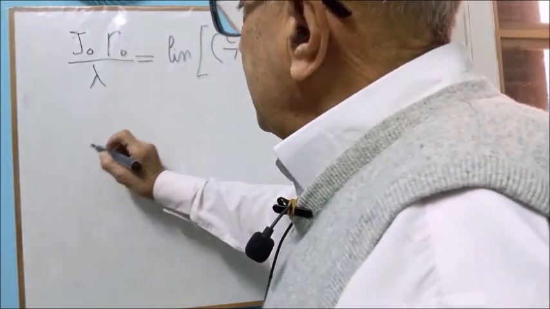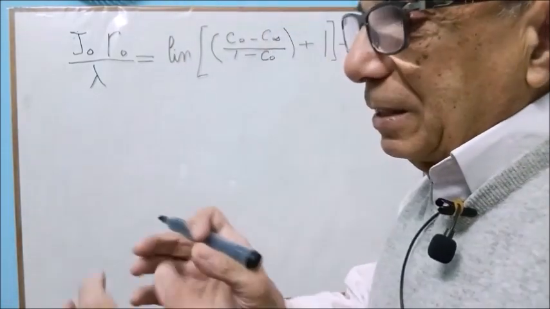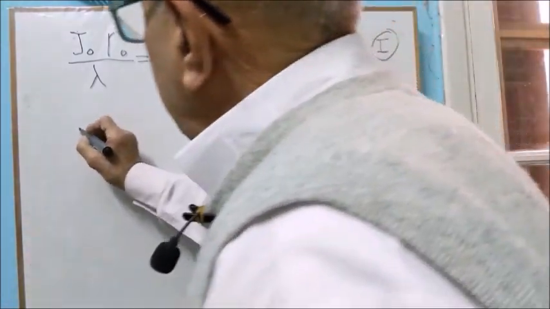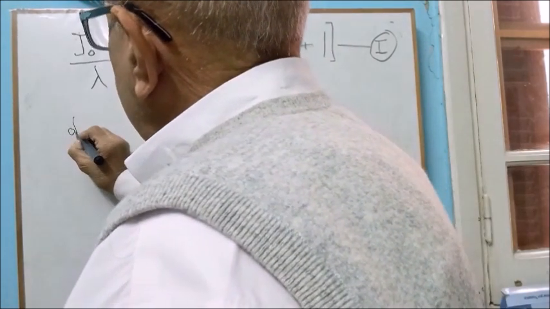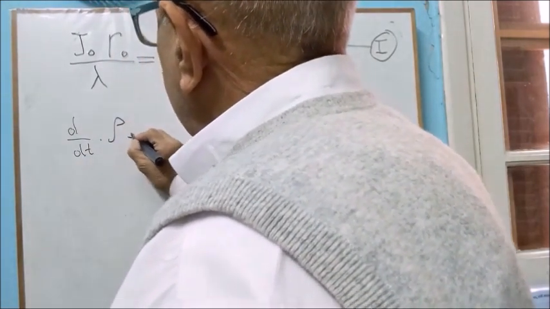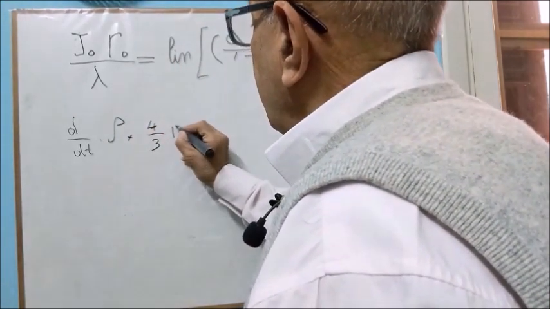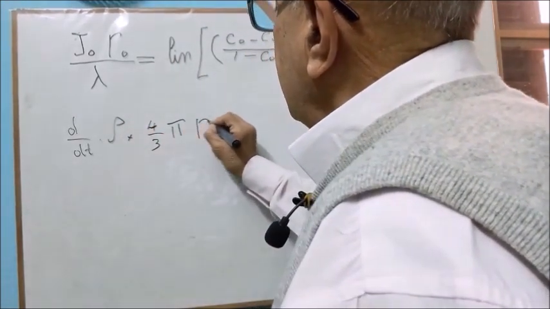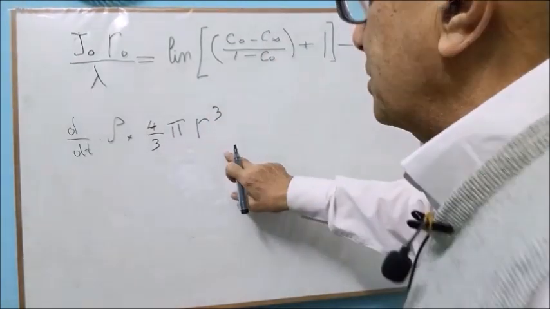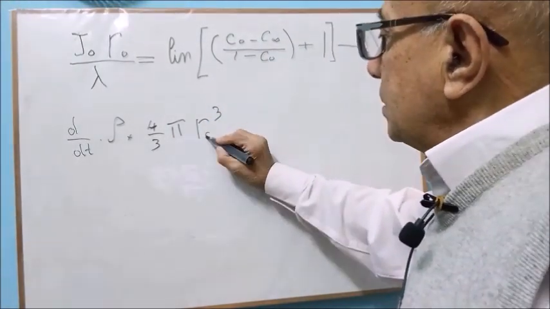Now let's try another relation, a logical principle. You know that the rate of decrease of mass should be equal to d by dt of rho times 4/3 pi r cubed. That's for a sphere, of course, considering the droplet as having radius R0.